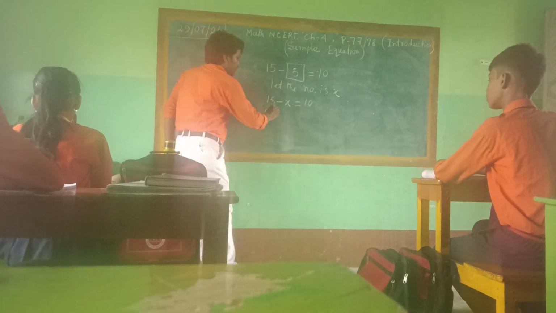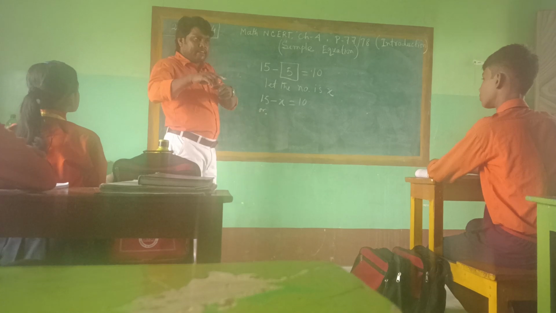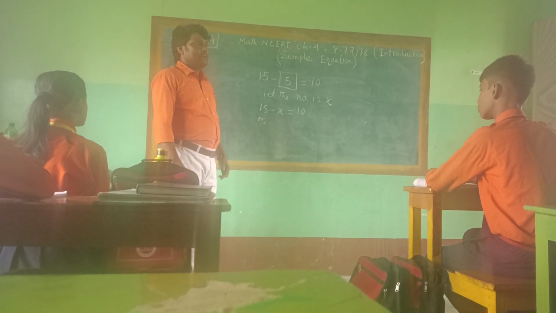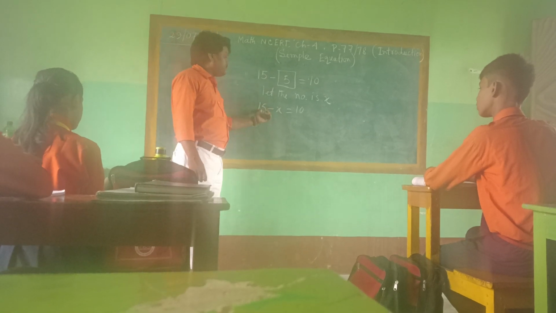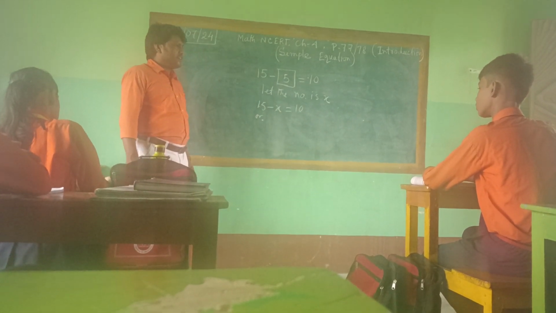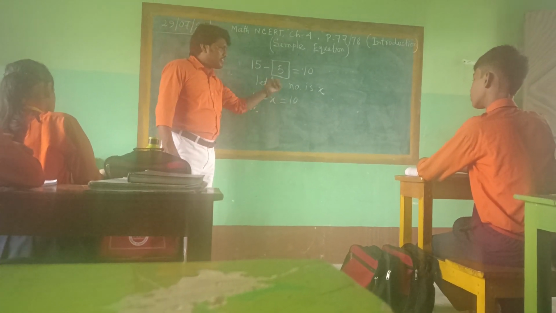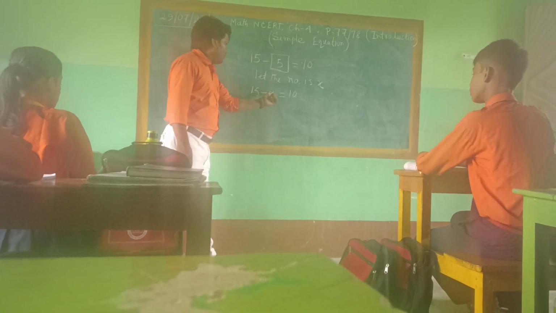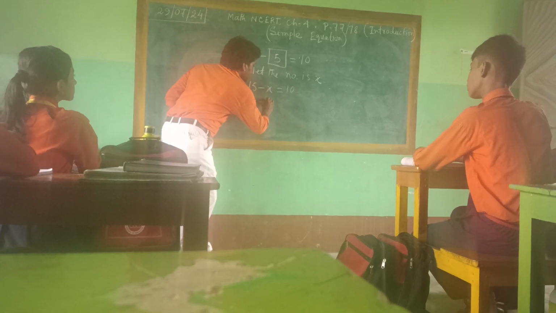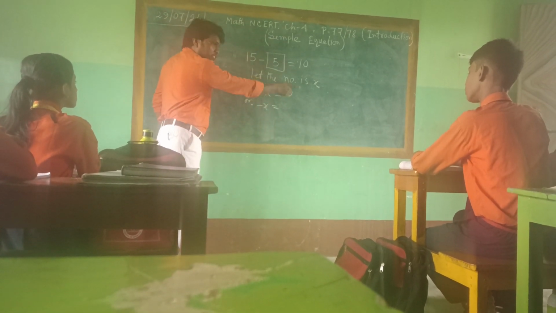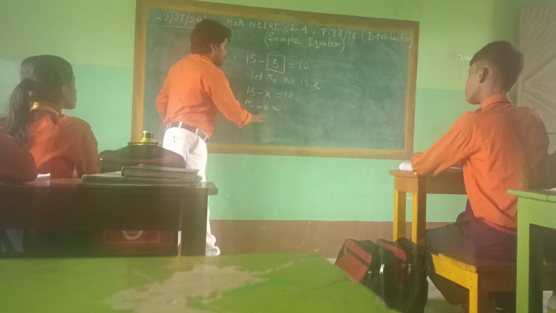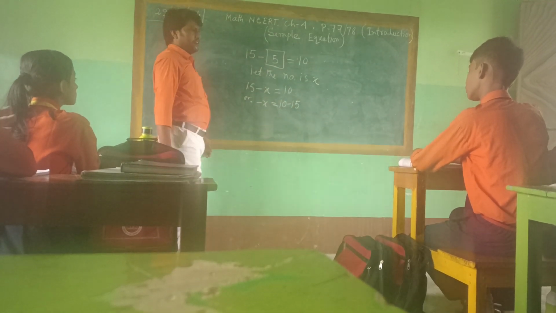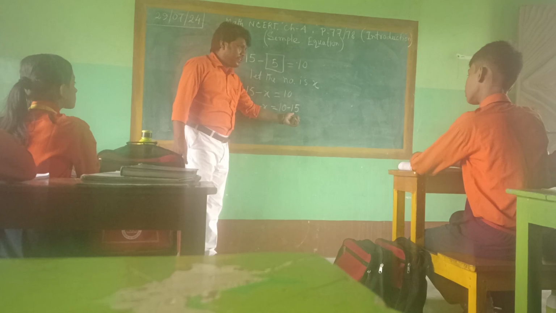Now, what I said during the solution of the previous transposing: which will be transposed to the right side? Not 15, but plus 15. So on the left side remains minus x, and plus 15 will be transposed to the right side. 10 minus 15.